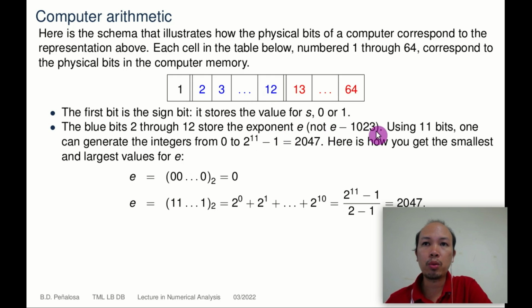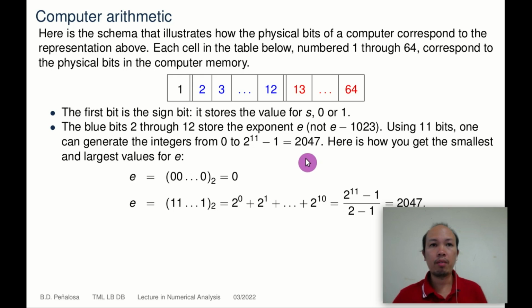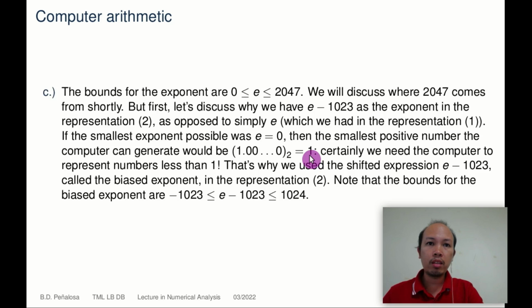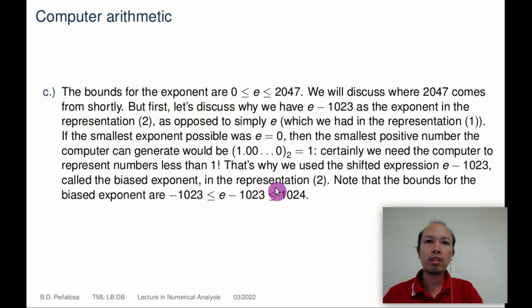There are 11 bits here, so one can generate the integers from 0 to 2 to the 11 minus 1, which is equal to 2047. This is the reason why, in the comments below, the upper bound is 2047.